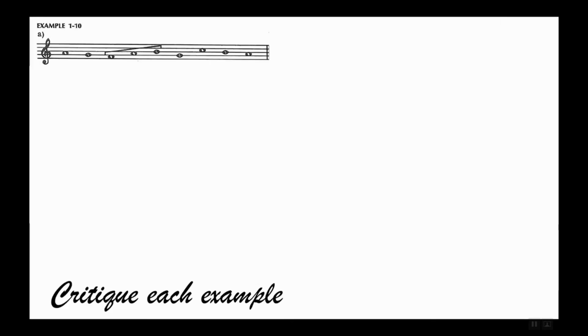Okay. So let's do some critique on these melodies. I'll just go ahead and play them. Okay. So there's just one little thing that's weird about it. They have it bracketed. And the issue is that the bracketed part is outlining the augmented fourth.